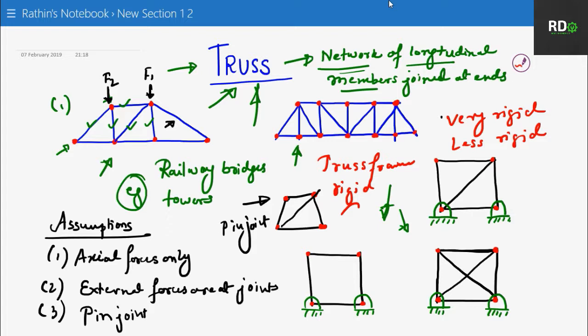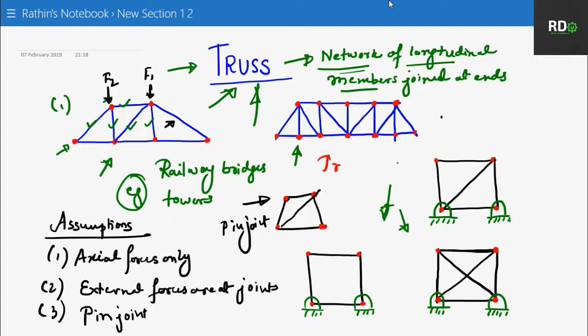So the next concept that comes after this is the concept of perfect truss. Now, what do you mean by perfect truss?